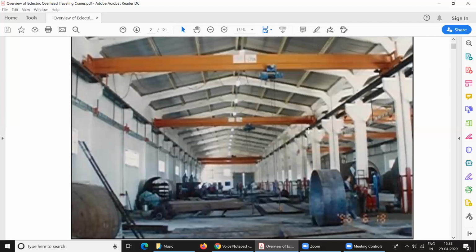Jib cranes generally fall under this category. Number two, the boom rotates about a pillar fixed on a foundation or on the crane truck.